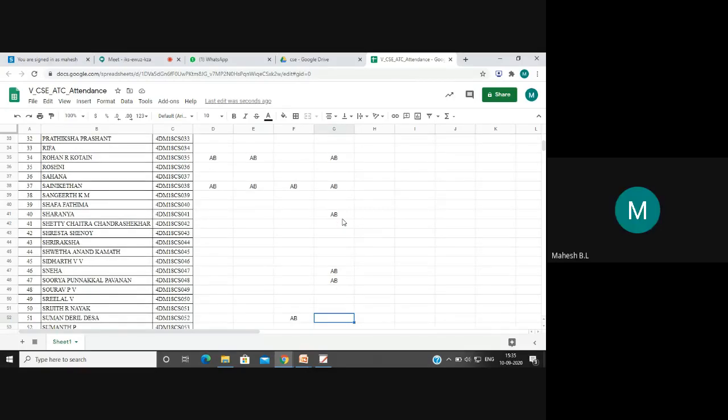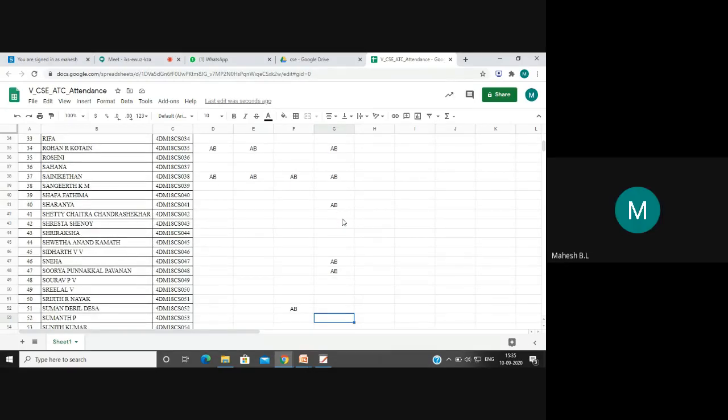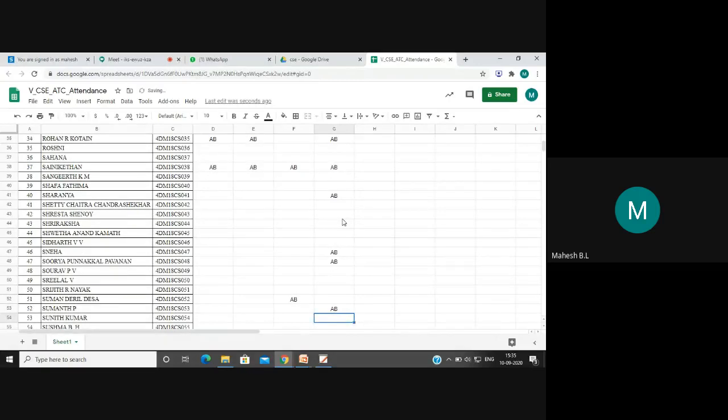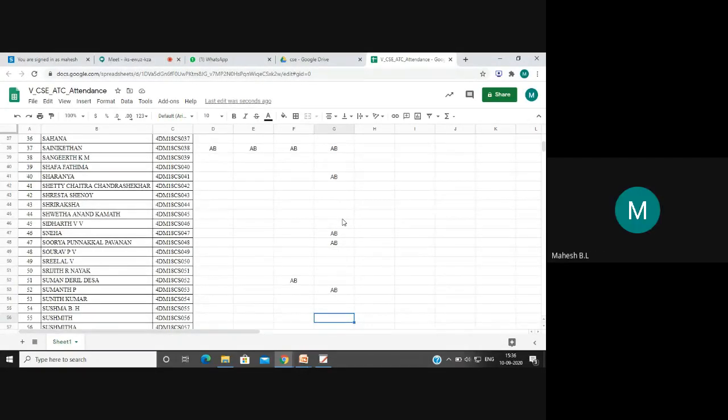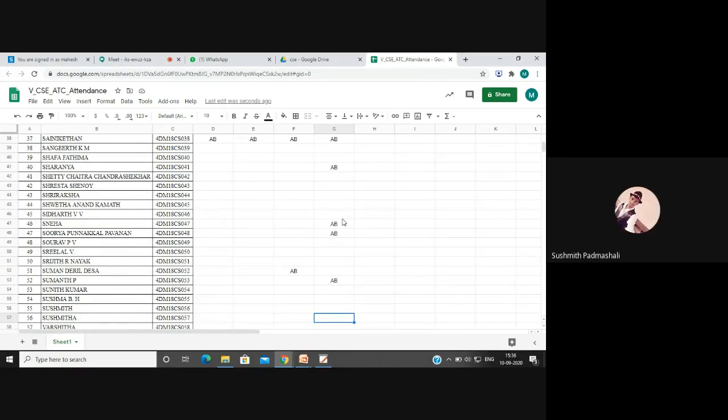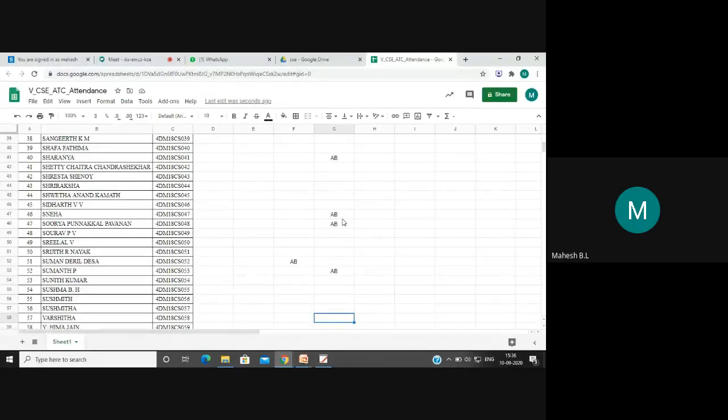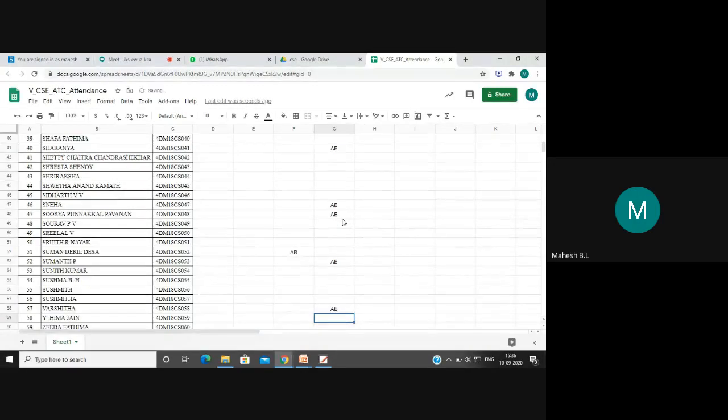Suman, present, sir. Sumant. Sunit, present, sir. Sushma, present, sir. Sushmita, present, sir. Harshita. Hima.